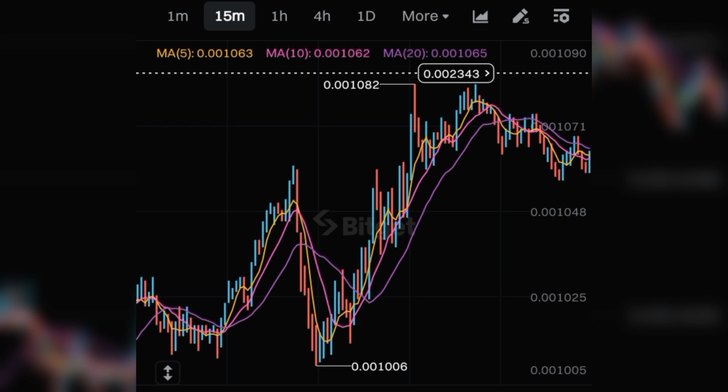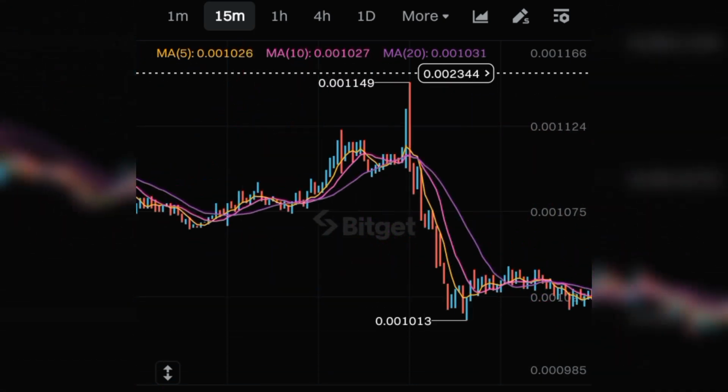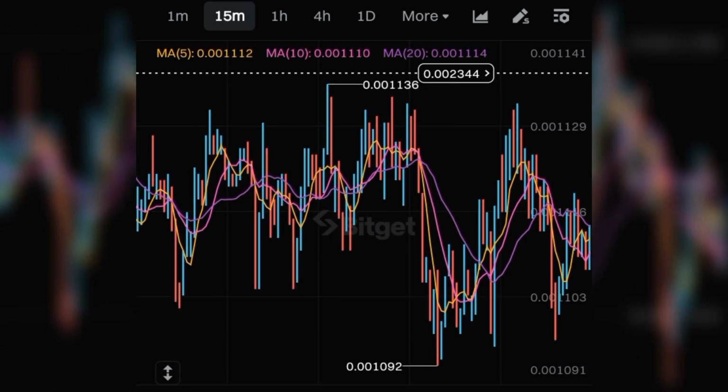I know there are a lot of newbies who want to capitalize in the crypto market and they don't even know how to go about it, so I'm going to be showing you how to use this indicator. Now if you are trading spot, you should be focusing more on the uptrend side, but if you are trading futures, you should focus on both, that is the uptrend and the downtrend.